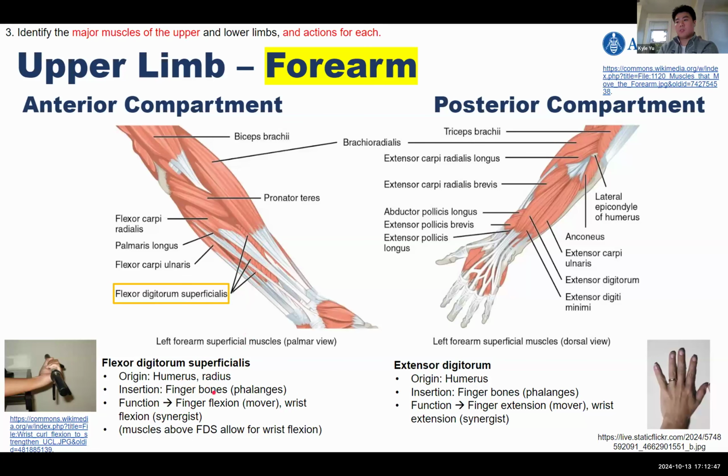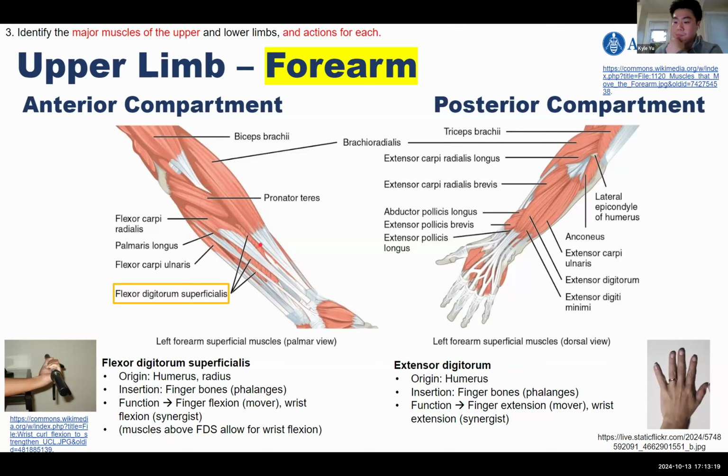So the muscle comes all the way to about here, and then from there it gives off a bunch of tendons that go to each one of the fingers, not your thumb, basically. And this is primarily responsible for finger flexion, which is kind of making a fist. That's your main mover function, and it also does help with wrist function as a synergist because it does cross the wrist joint. And the wrist flexion actually is more responsible for these muscles that are like above the flexor digitorum superficialis.